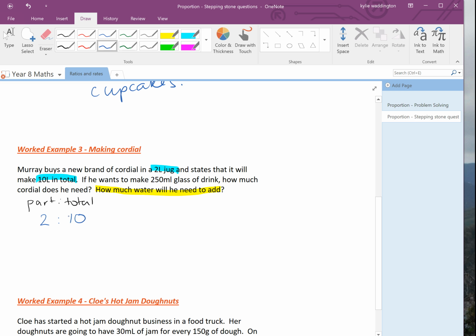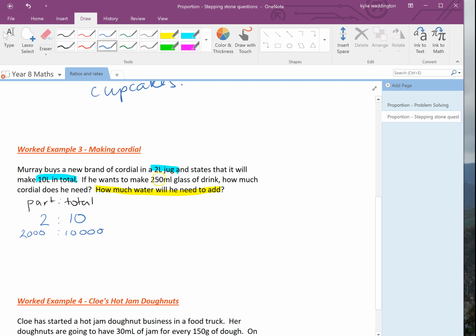So this is a 1 to 5. Now, if we wanted to, we are making this one here into millilitres, and we've started with litres. And again, we could change it so it became 2,000 millilitres to 10,000 millilitres, and then we work from there.